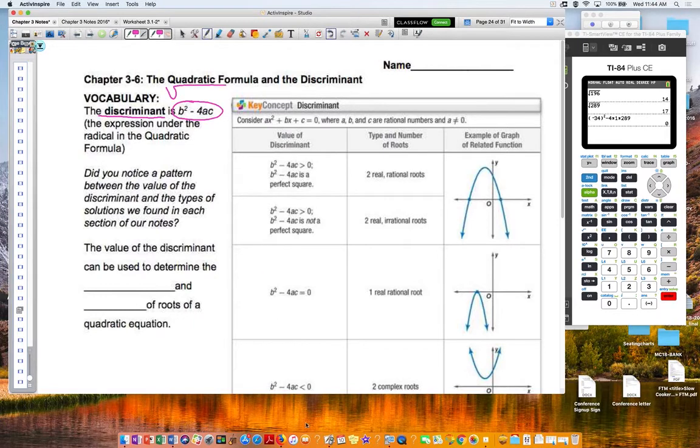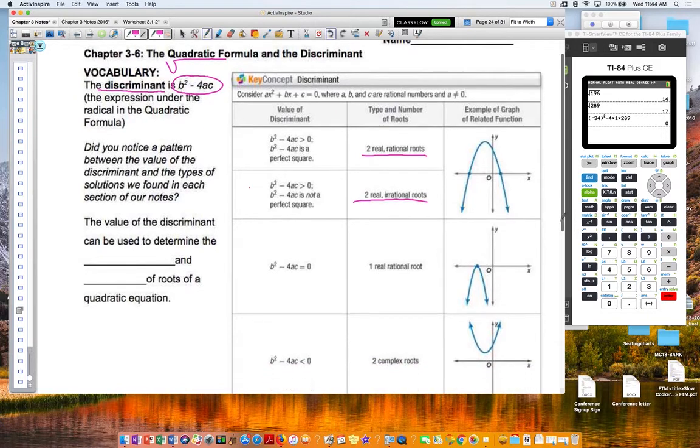What you notice is that if this ends up being a positive number that's a perfect square, you get 2 real rational roots. If it's positive, but not a perfect square, then you can't simplify the radical, and you get 2 irrational roots.